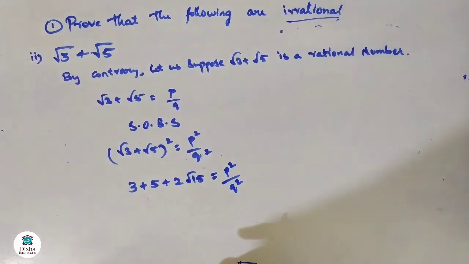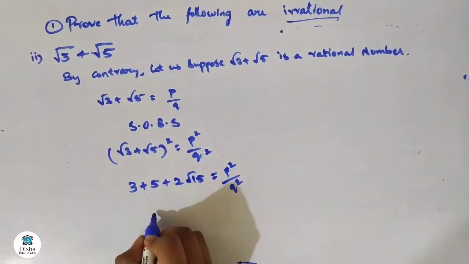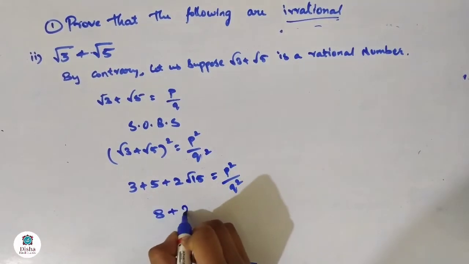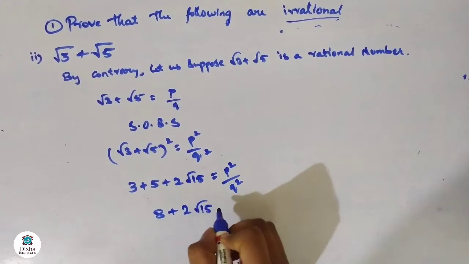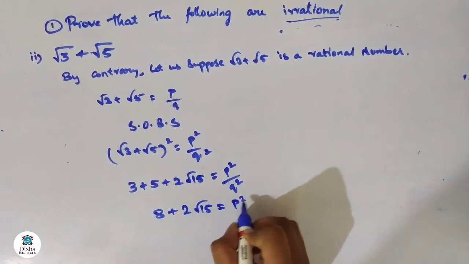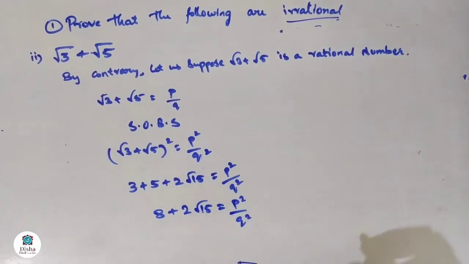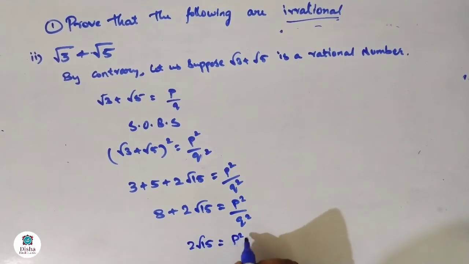Okay. Then we have to add this, that is 8 plus 2 root 15 equals p square by q square. Now here 2 root 15 will be p square by q square minus 8.